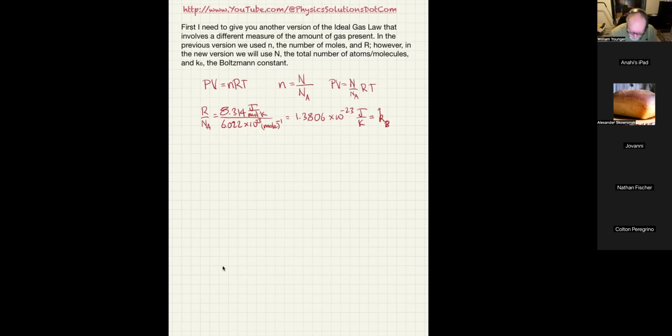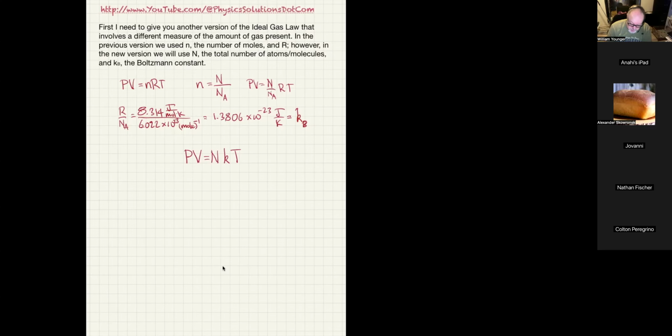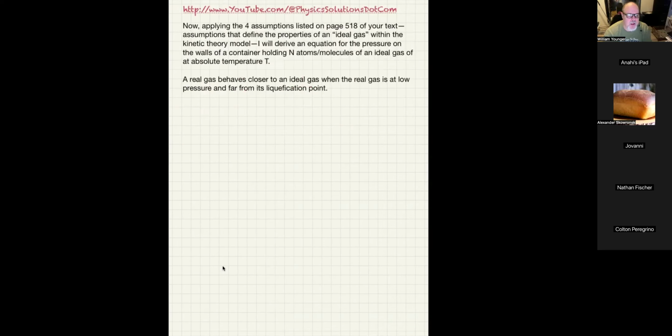Okay, so now when we do this, we have a new version of the ideal gas law, specifically PV equals NkT. Okay, so that's a new version, and that's what we're going to use in the derivation to come. So let me go ahead and move on with that. Make sure also that I'm not misremembering or forgetting to do anything in particular.